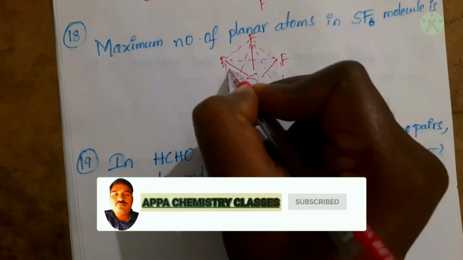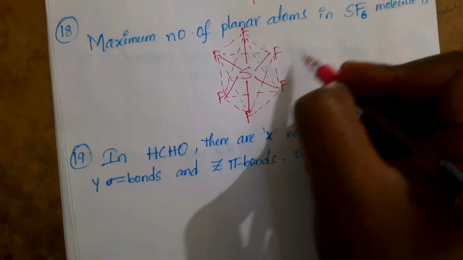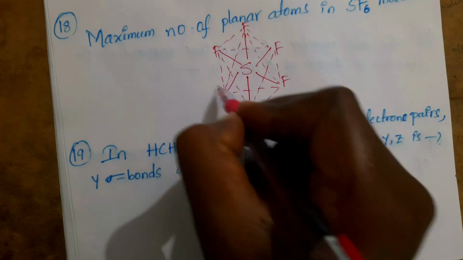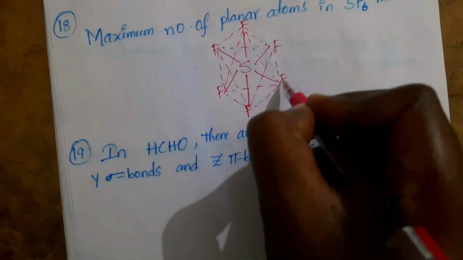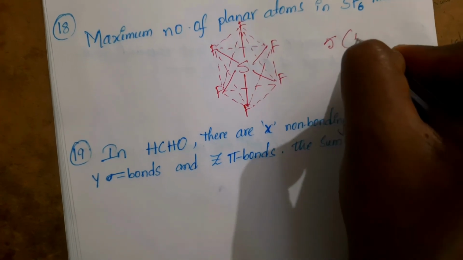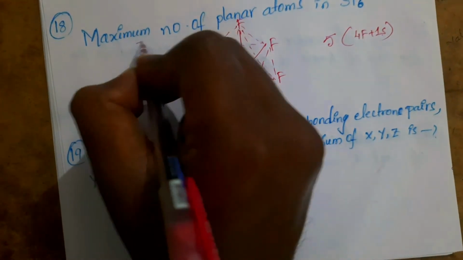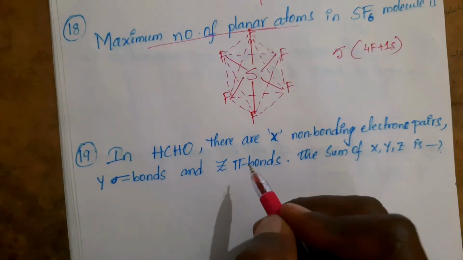So the total number of atoms present in the plane will be 4 fluorine atoms and 1 sulfur, which is present in the plane. The maximum number of atoms present in the plane they are asking.